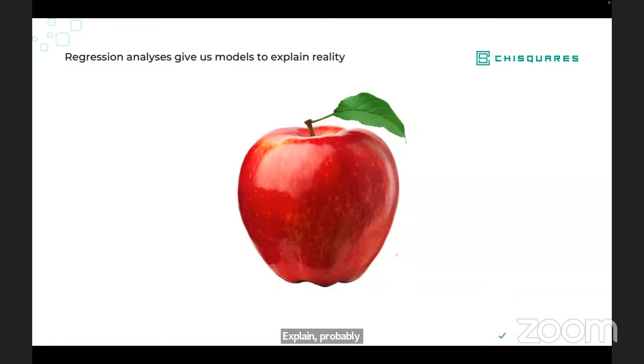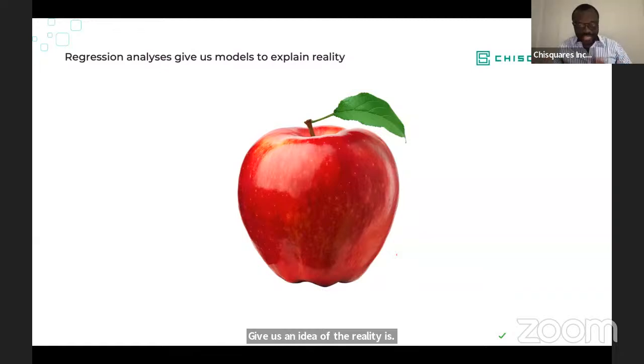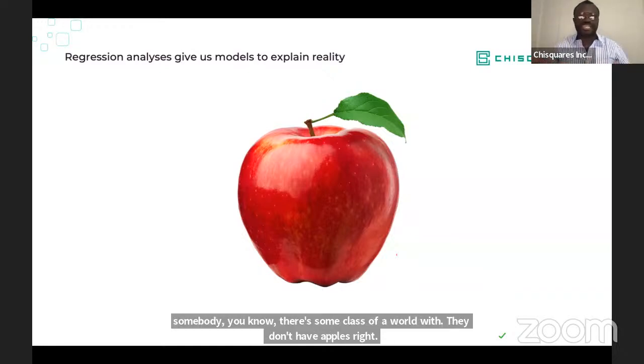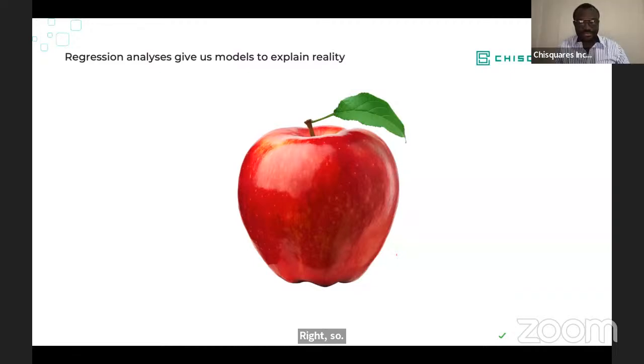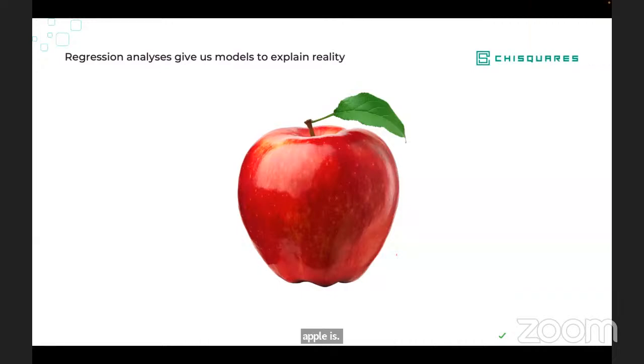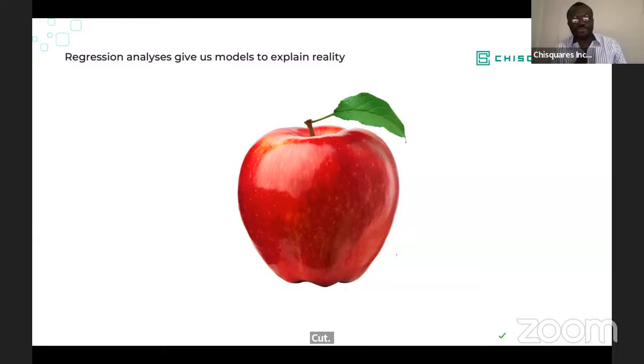Excellent. Imagine there are some parts of the world where they may never have seen an apple, right? So how then do you communicate to this individual what an apple is? By giving them a model. So we use models when there is no data, right?